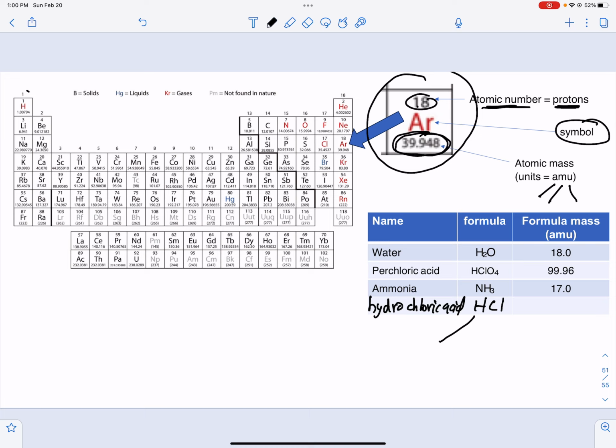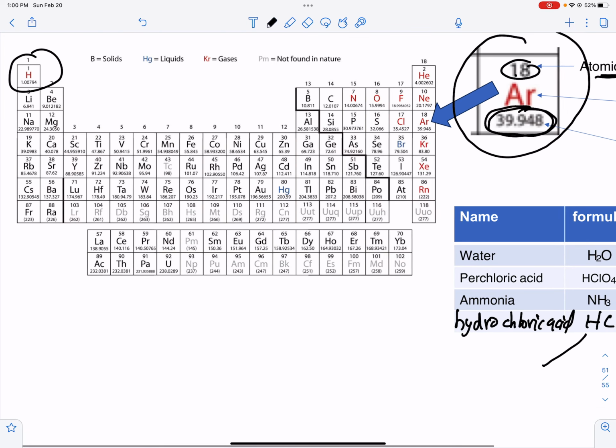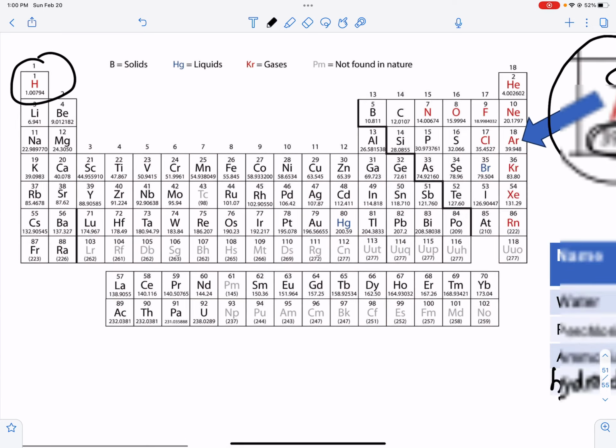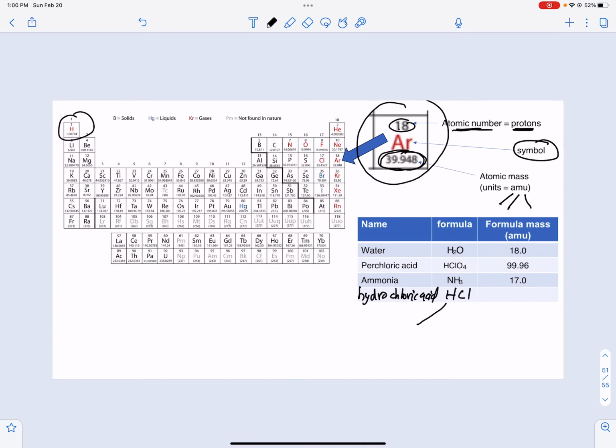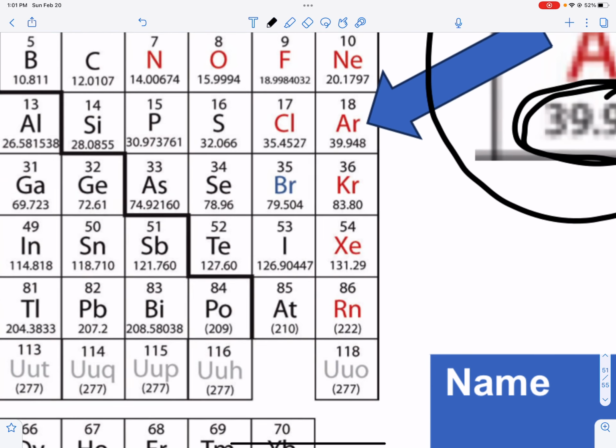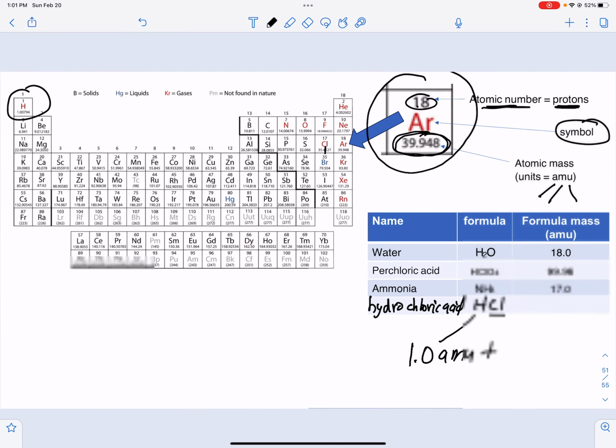And one hydrogen weighs 1.00794. So we're just going to keep it at one decimal place, so 1.0 atomic mass unit. And I have chlorine. How many of them? Just one. So that's going to be 35.5, if I caught it right there, right? 35.5.